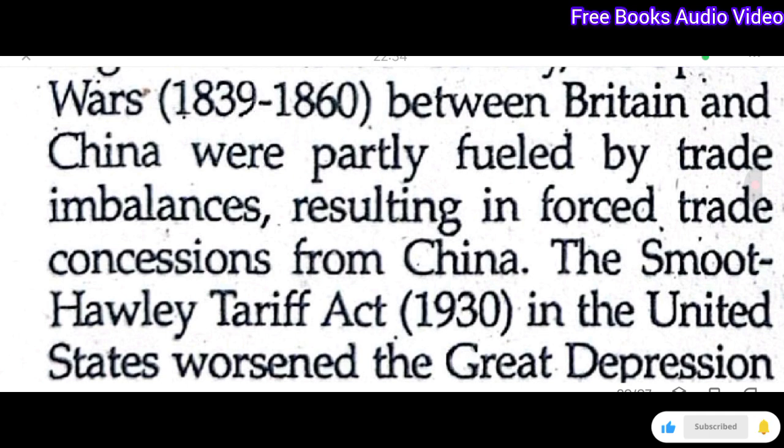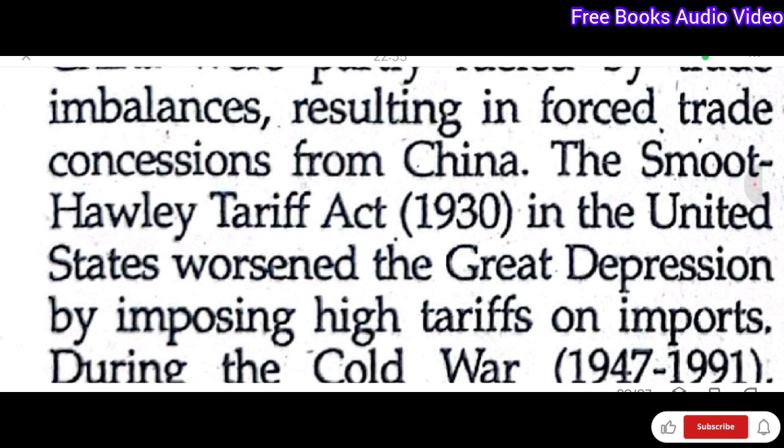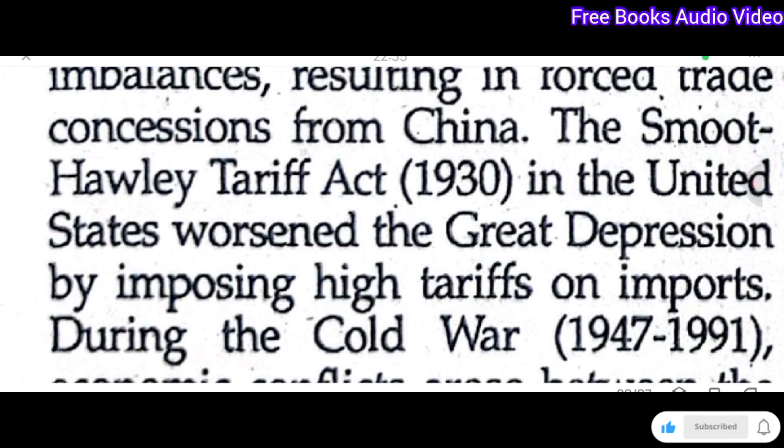The Smoot-Hawley Tariff Act of 1930 in the United States worsened the Great Depression by imposing high tariffs on imports.